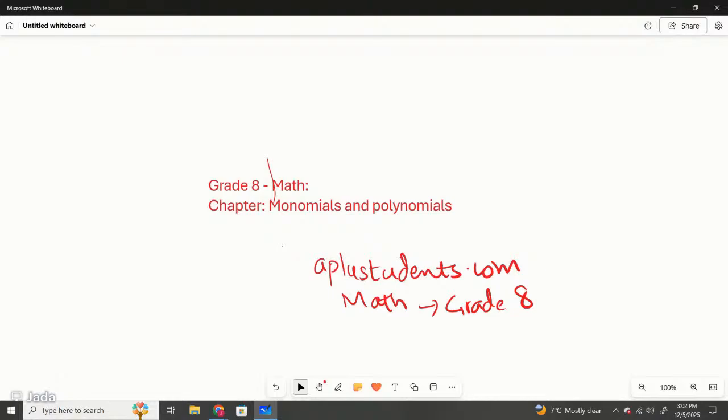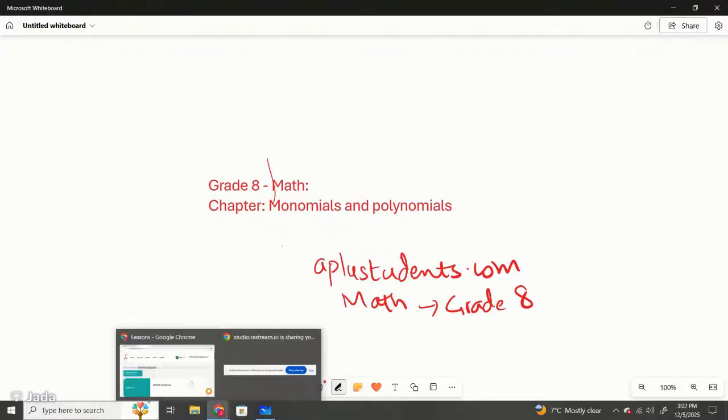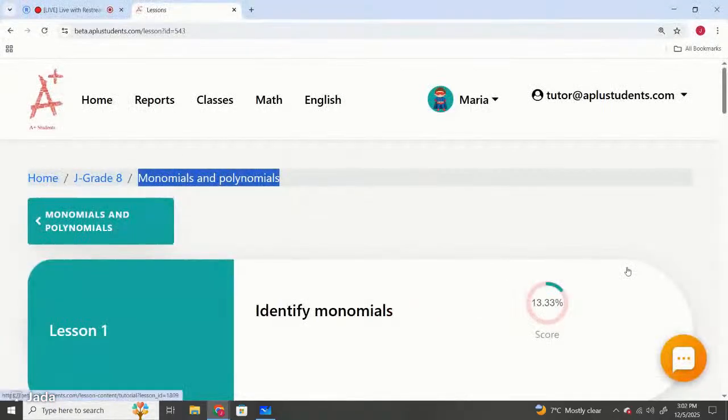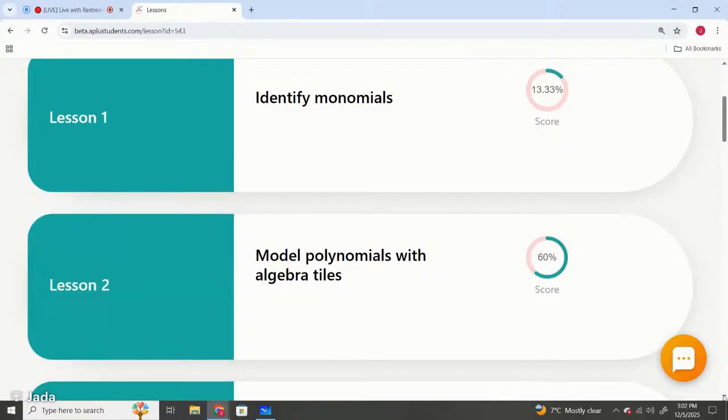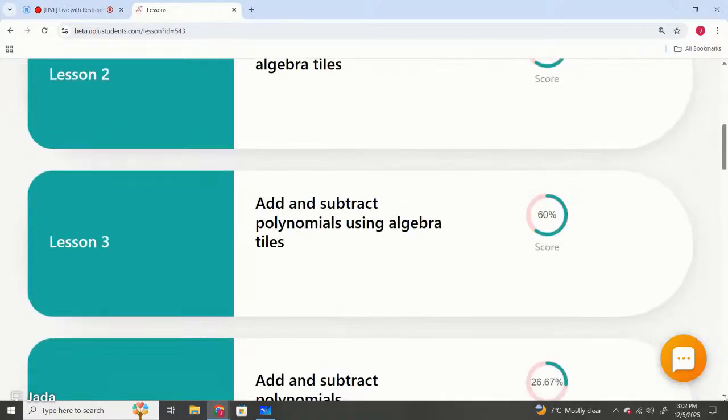So please make sure you have your notebook and pencil so that you can note down the important examples and definitions as well. Here I'm on grade 8 math. The chapter we are on right now is monomials and polynomials.